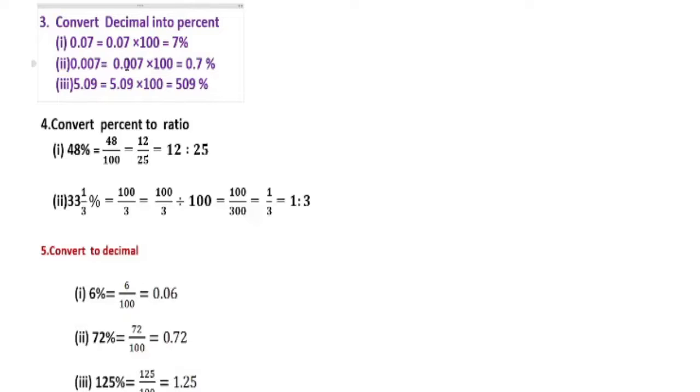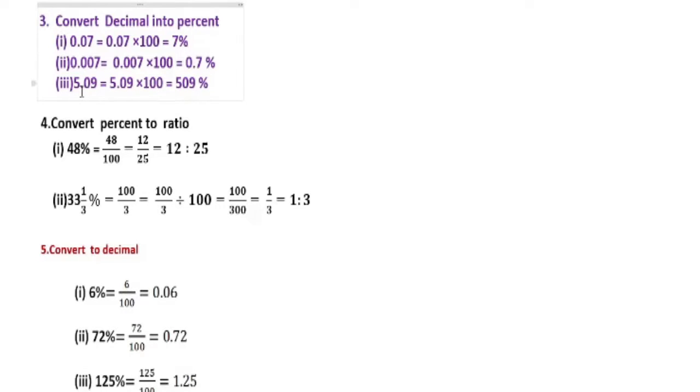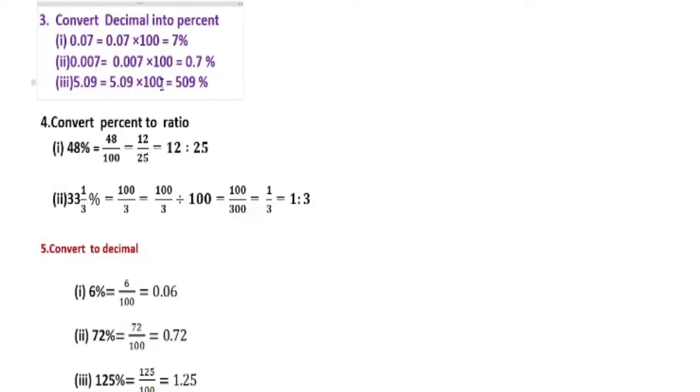Again you multiply with 100, 0.007 into 100, that is equal to 0.7%. And third one, 5.09. You have to convert it into percent, that is 5.09 into 100, that is 509%.